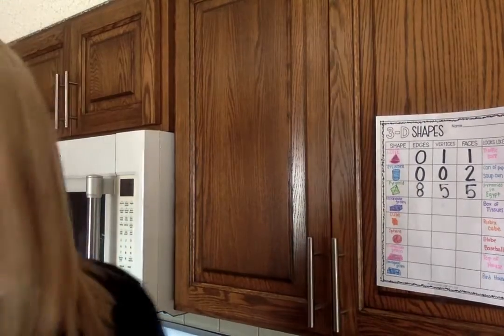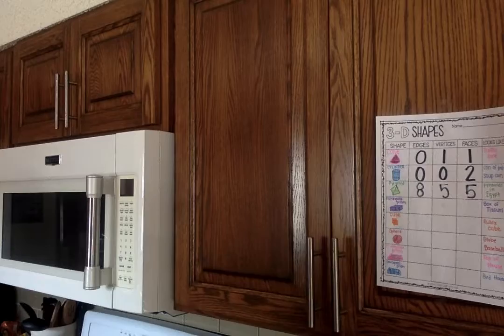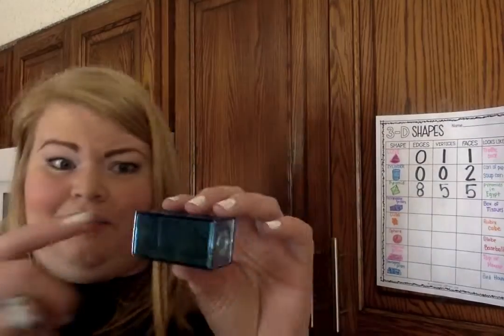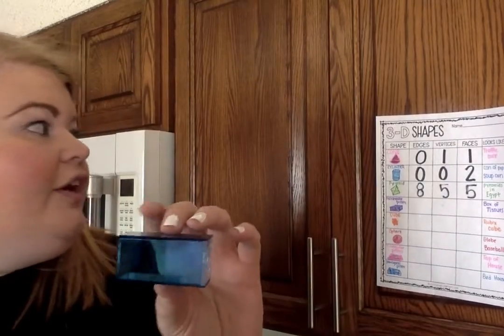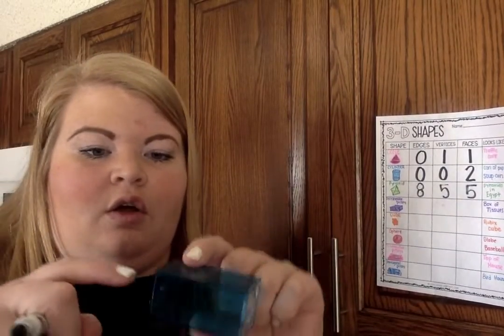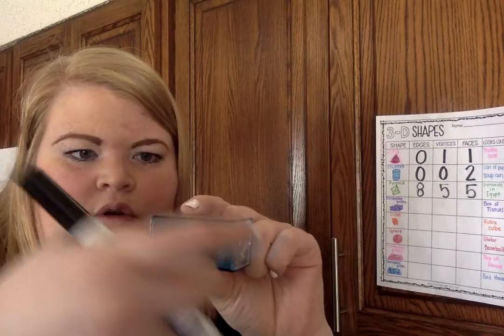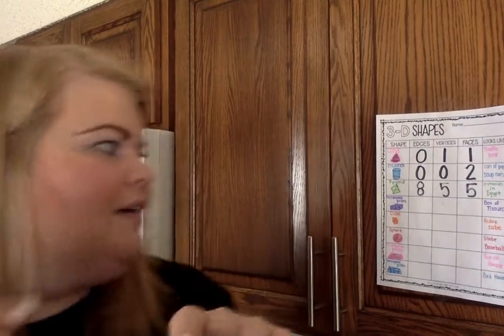All right, we'll move on to a rectangular prism. A rectangular prism is a rectangle on one side. So if we look at the faces, we have 2 ends, 1, 2, 3, 4, 5, 6 faces.